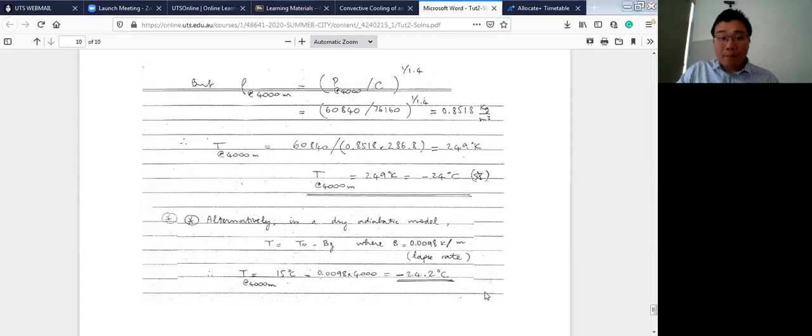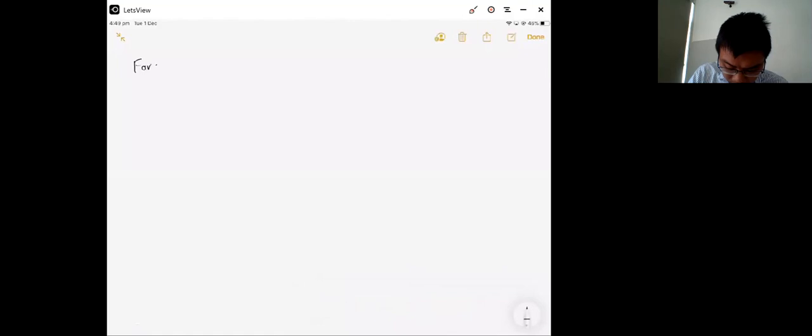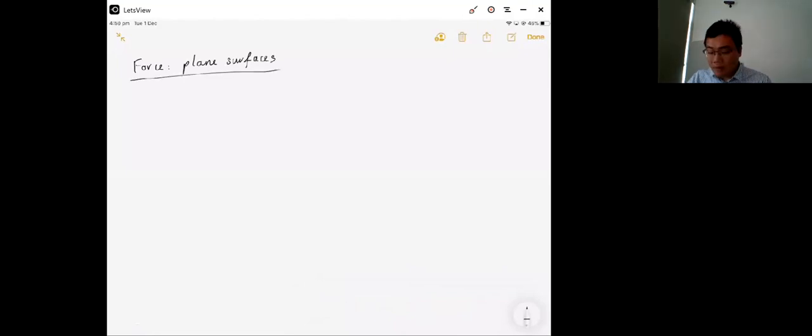Before coming to the first question about the force, we will summarize a little bit about the force on plane surface. For example, we have a surface AB under the water surface.